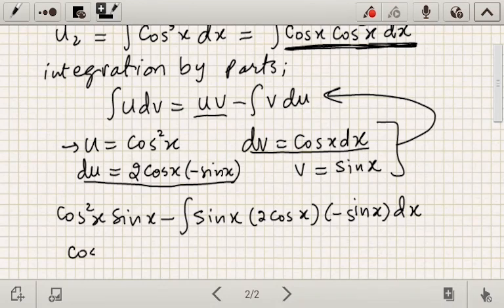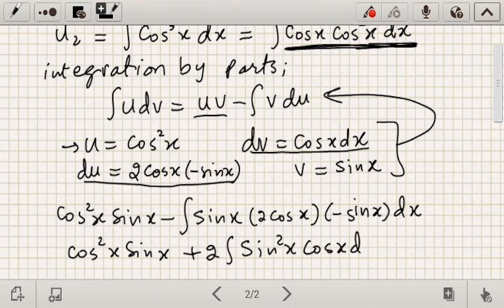So let's work with this. This minus and this minus will become plus. This 2 comes outside of the integration, and everything else becomes sine square x cos x dx.